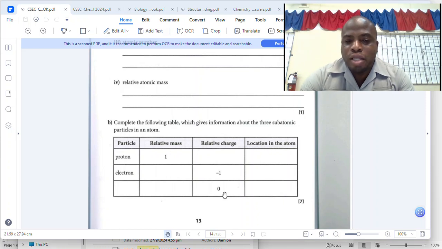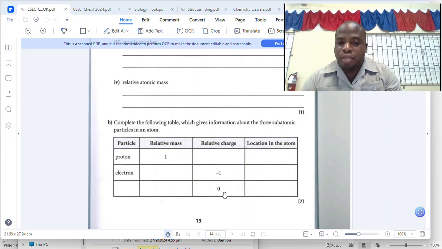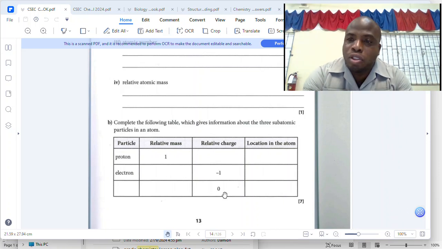The neutrons' mass is 1, just like the proton. So when you look at the relative mass of the 12 neutrons and the 12 protons, that is where the 24 is coming from. If, as a student doing chemistry, you can make this little connection, you will appreciate the mass number, the atomic number, and the number of neutrons more.